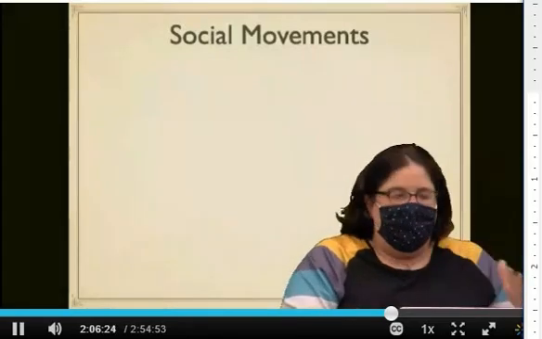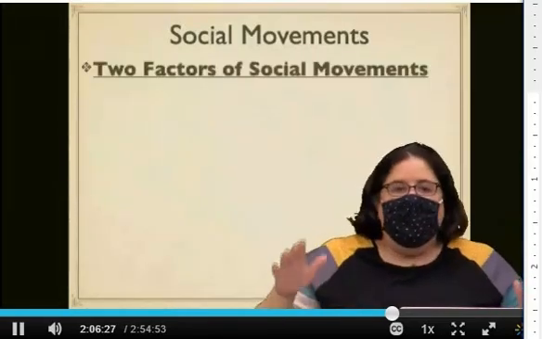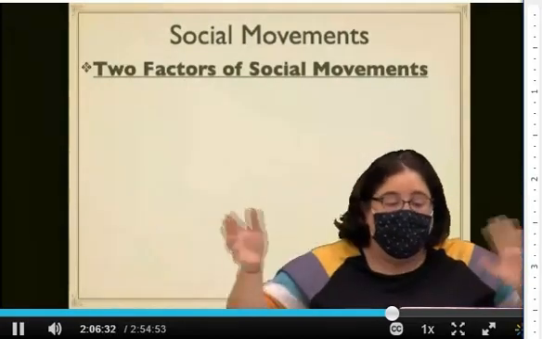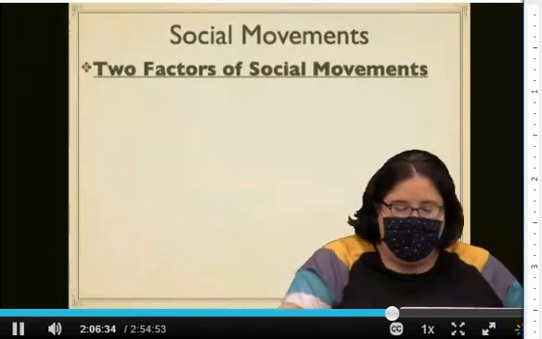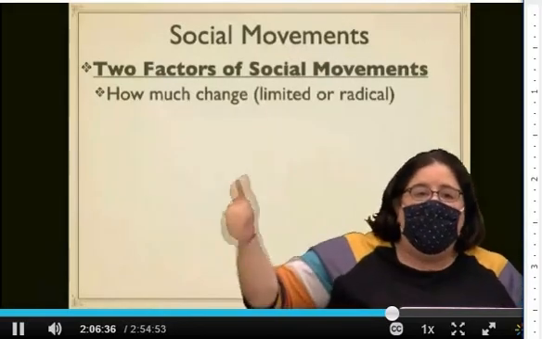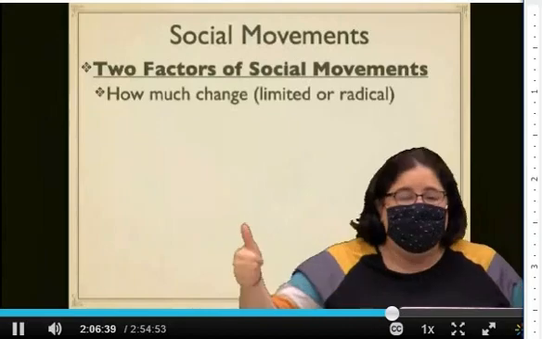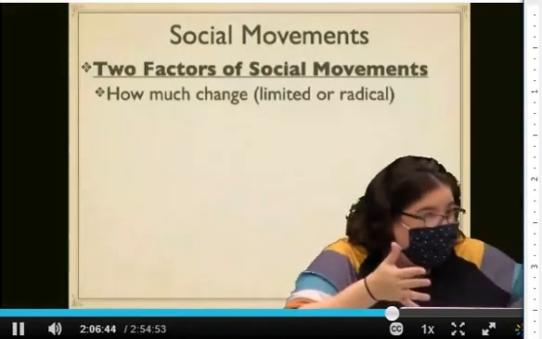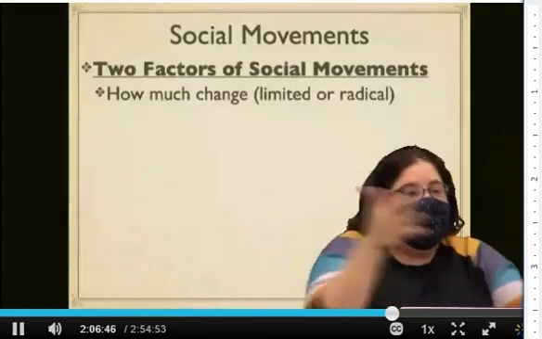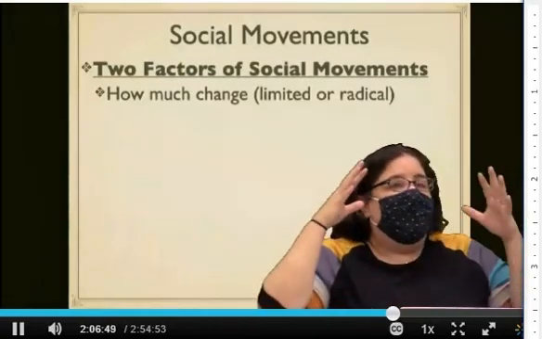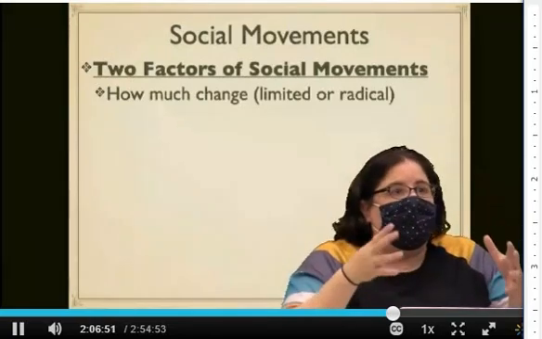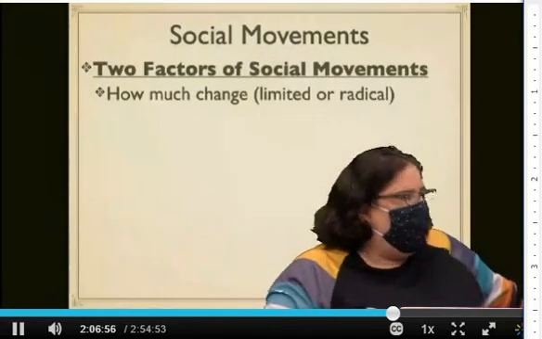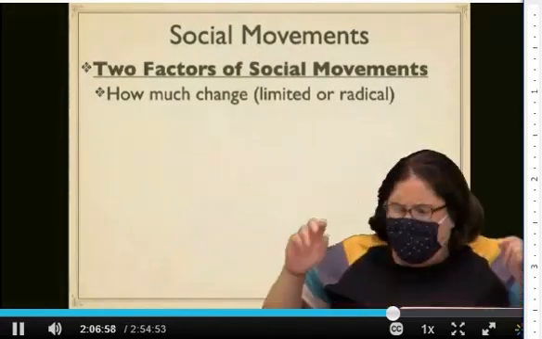So all social movements, whether they're about pipelines or not, are identified by two factors. I do want you to know this for the exam. First is how much change they want: limited or radical. Some social movements push for limited change, like they just want to change one thing, like the pipeline. The focus is not on solar power or roads or education.